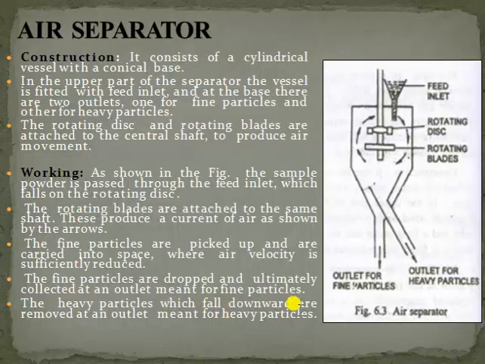The heavy particles which fall down are removed at an outlet meant for heavy particles, here. So this is a simple basic air separator unit, same as the cyclone separator.